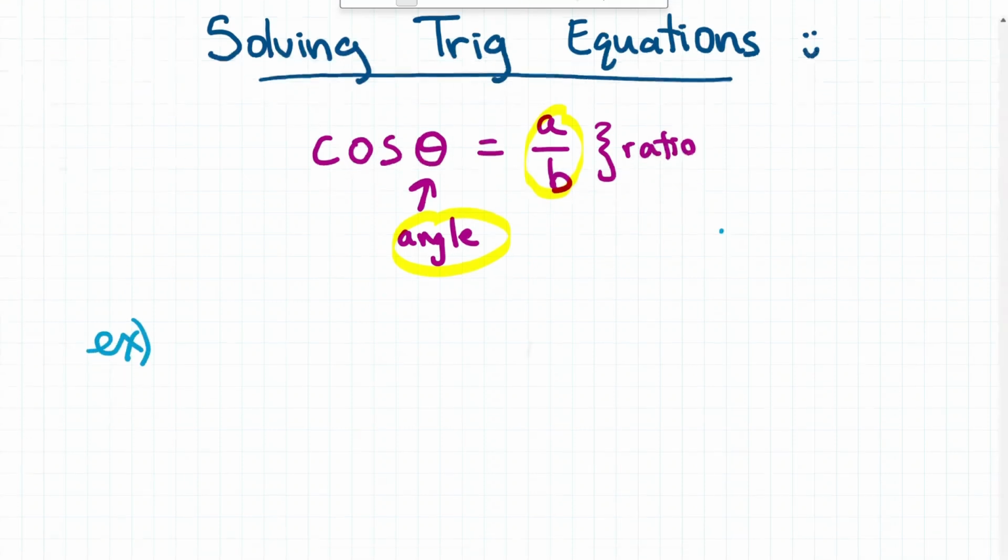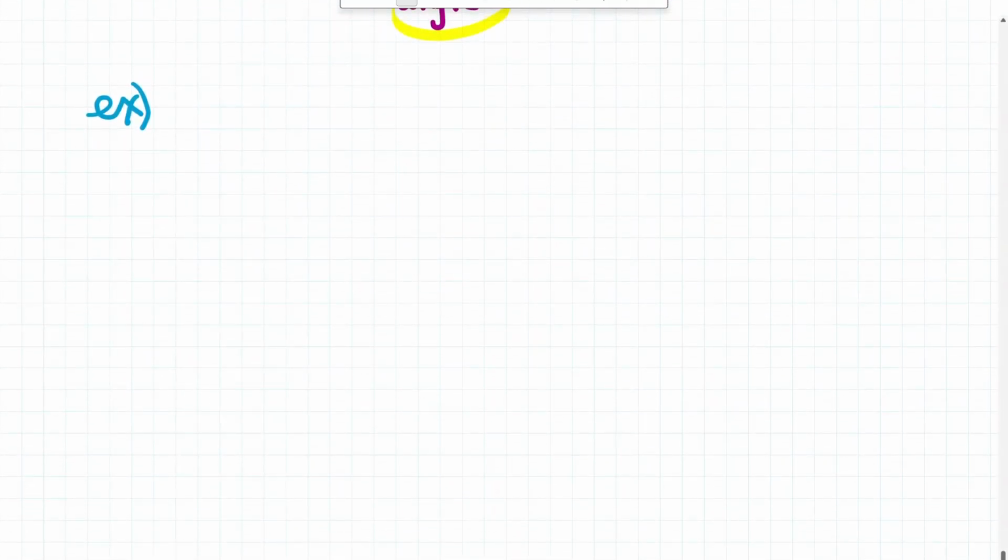So first of all, we're going to consider the function cos theta equals -1 over root 2. Okay. So we're going to go through this whole process and everything we need to know. Before we get into this example, we're going to write out all the trig ratios that we have.